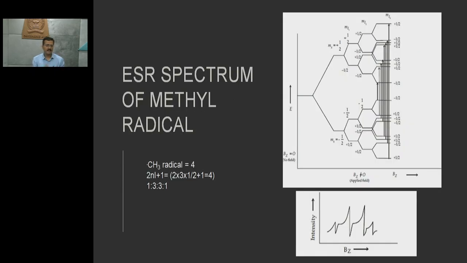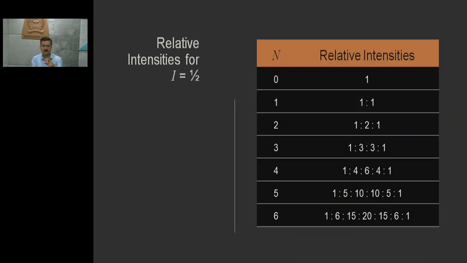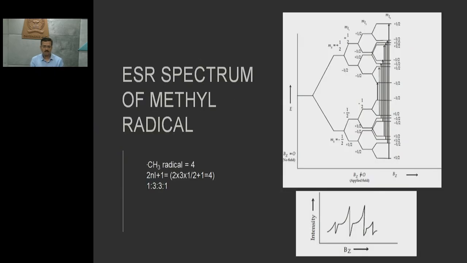So we see the example of the methyl radical. It is a very common example for us to understand how it shows 4 peaks and why it shows this intensity. Here n is equal to 3, and it is 1:3:3:1. So here also we get the intensity accordingly, with 4 signals. How do we get it?